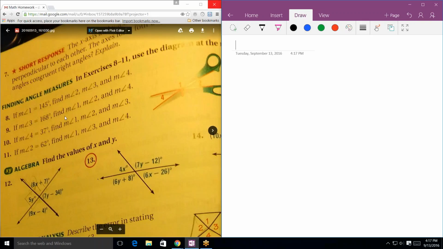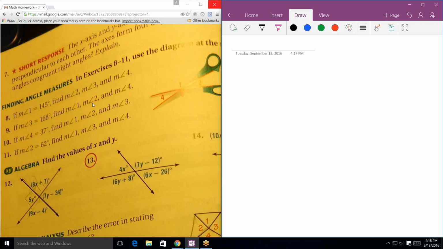Okay. So number 9, what's angle 1? I'll go through it with you. Angle 1 is 168 degrees. Okay. And they don't actually ask you to give any reason, right? Nope. Okay. Angle 2 is what?